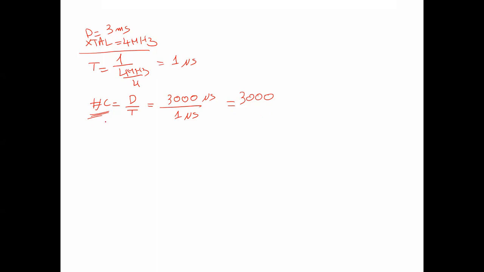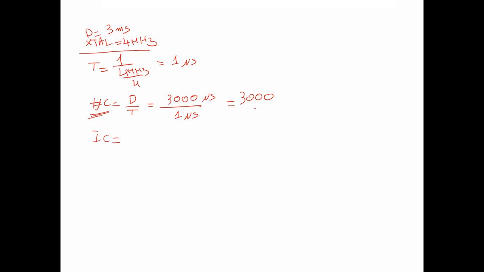Okay, so this is the number of counts. Then we have to calculate the initial count, which is the value of timer 0 low and timer 0 high. So what is the value of the initial count? You can work in hexadecimal or in decimal.